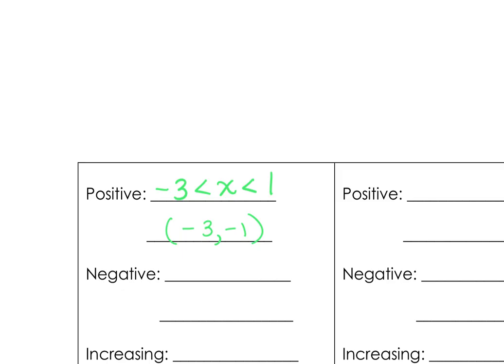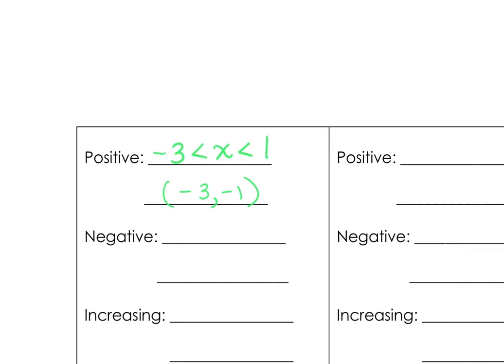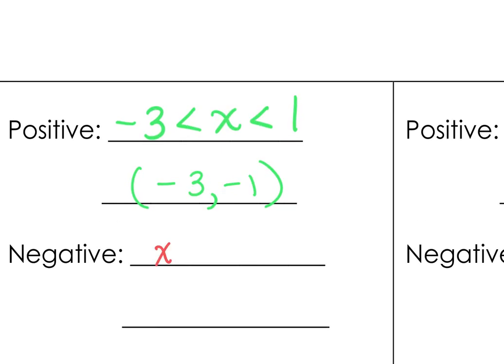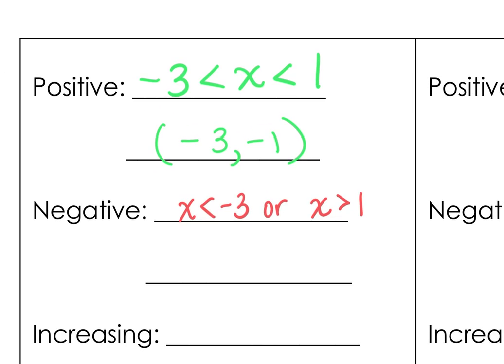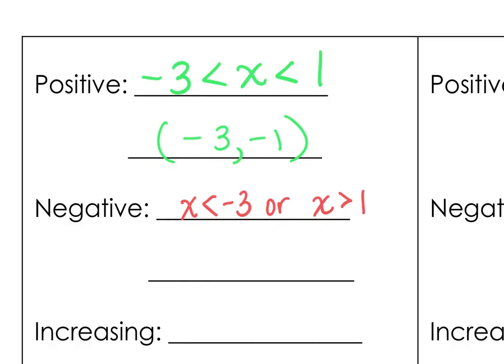Negative is just a tad more complicated. I'm just going to write wherever x was less than -3, or wherever x was greater than 1. And then we do need to practice writing it in interval notation because you could see it both ways. But again, I think interval is easier.